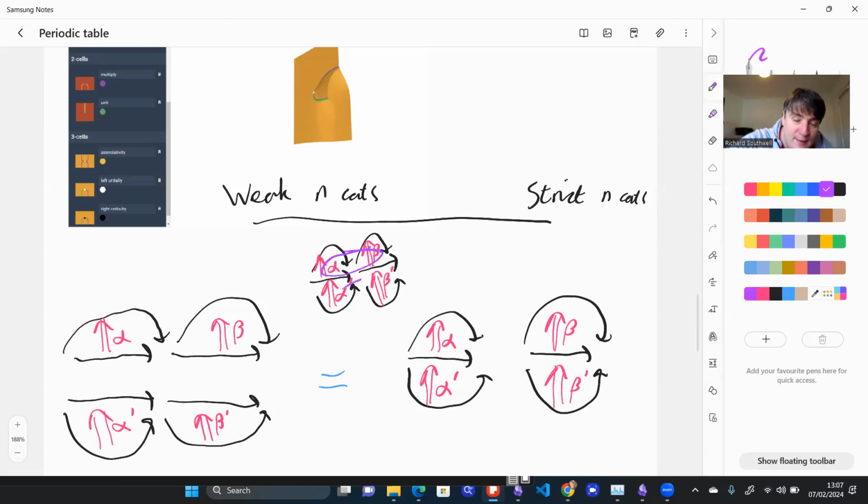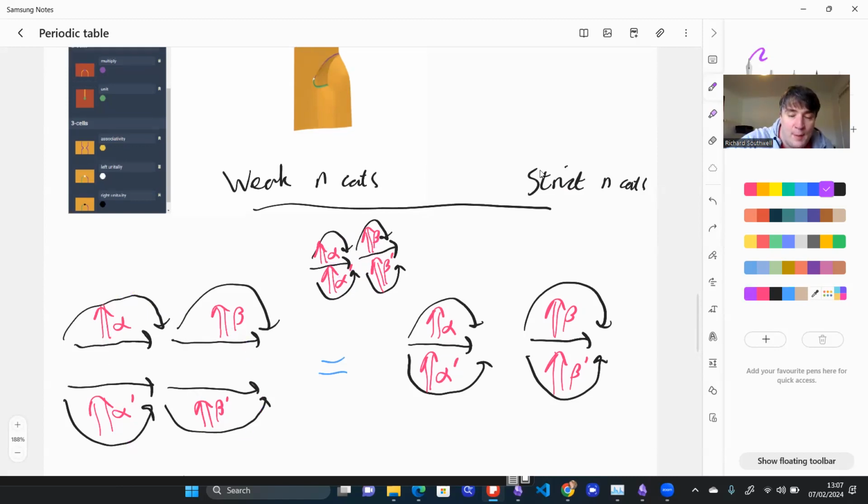We could compose these two first horizontally, and then we could compose those vertically. That would be, as I'm trying to illustrate in this picture, or we could compose these things vertically first and then compose the results horizontally. And what's interesting is that we have this kind of interchange law, which is telling us that these two things are the same.